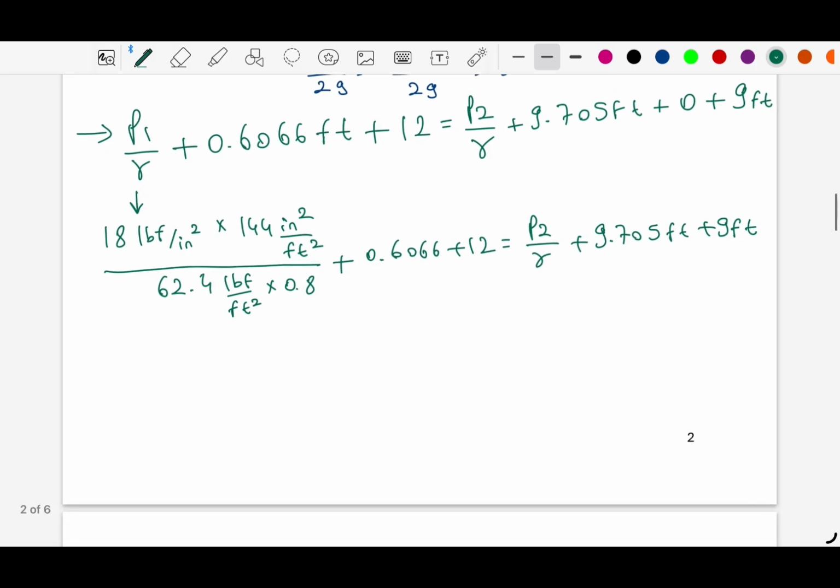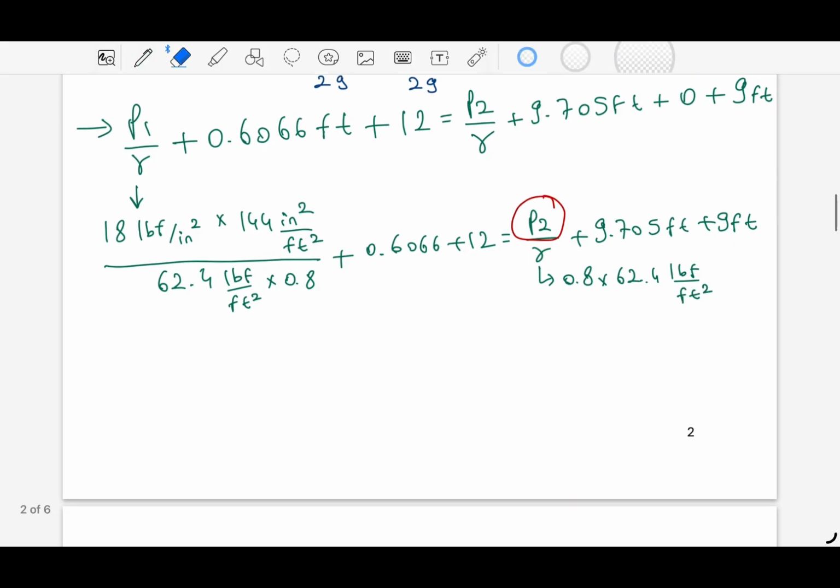So here the only unknown is P2. So writing 0.8 times 62.4, we can get P2 as 2,287 pounds per square feet.